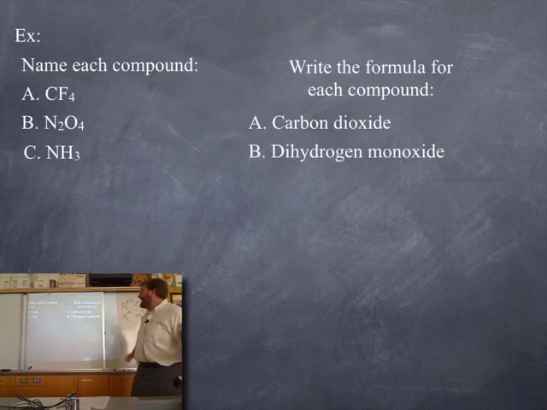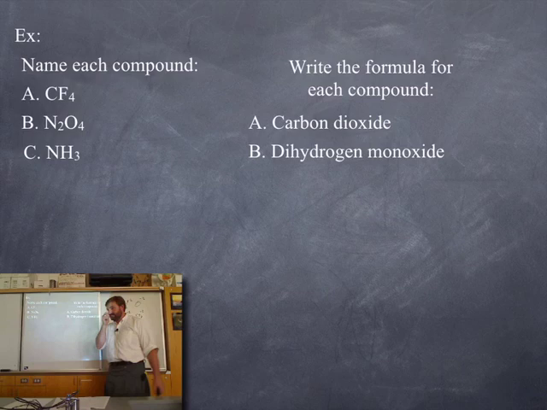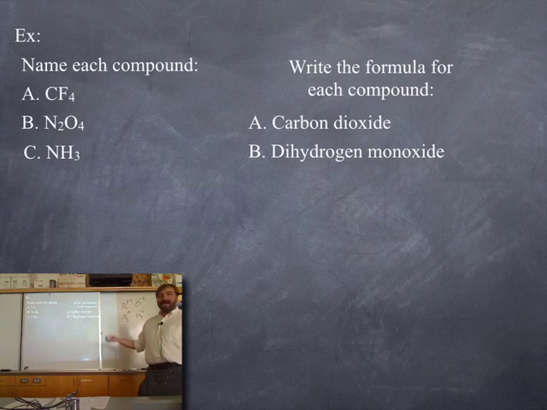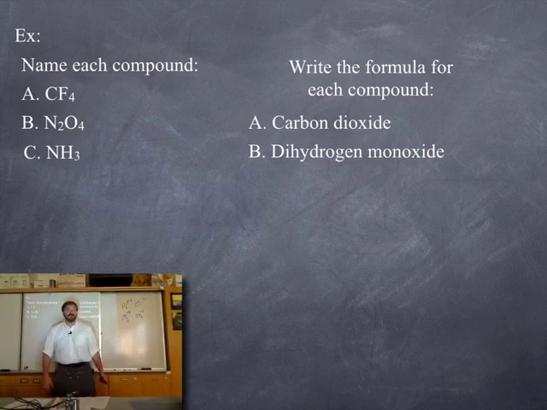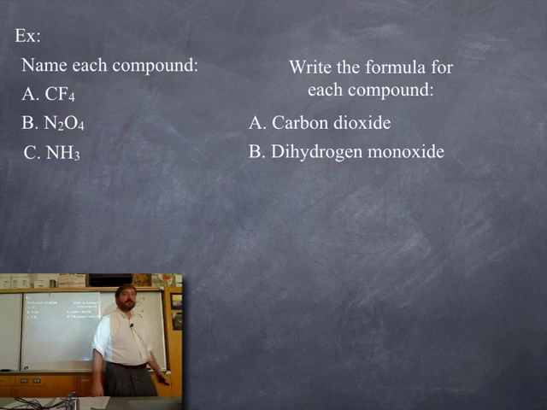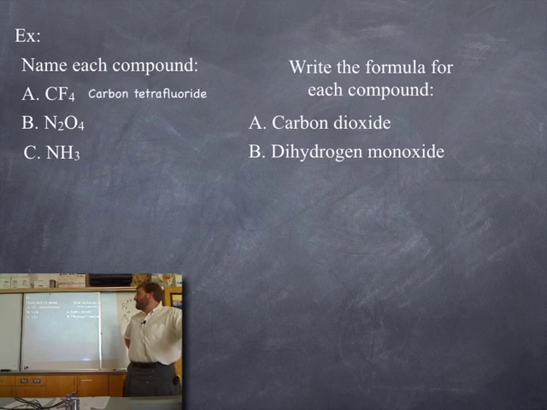All right, let's practice a few of these. This is your second example box. Again, do I need to worry about charges? Why not? Covalent bonds have no charges. So, C, carbon, how many fluorines are there? 4, which we use tetra, carbon tetrafluoride. What's 3? Tri.